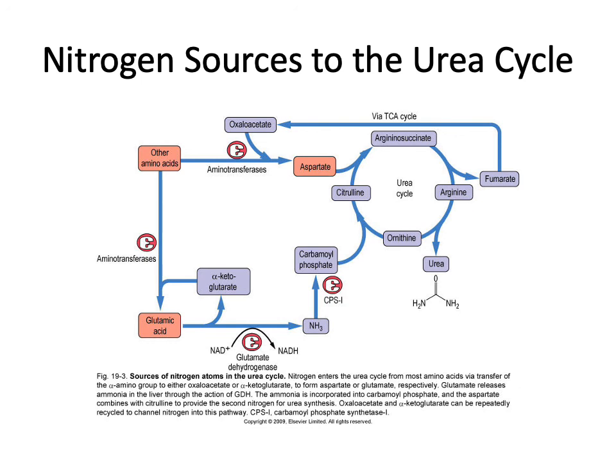And then we add the second amino group from aspartate, which forms a covalent bond with the citrulline, and then it's released, leaving the amino group there. At that point, then arginine is formed, and then that can be cleaved to produce urea, and we get ornithine back.